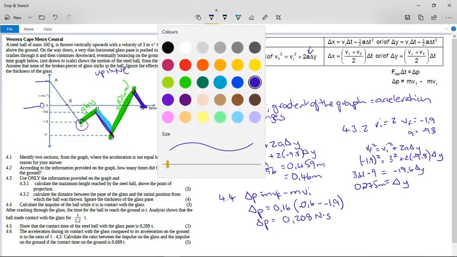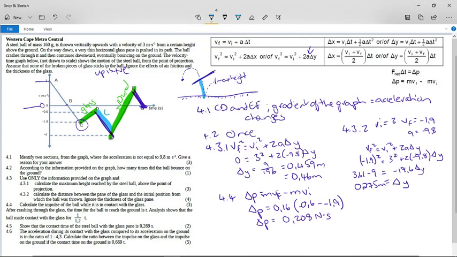Okay, so let's have a look here. This is now t. Analysis shows that the ball made contact with the glass for 1/12 t. So this section here, CD equals 1/12 t, and then DE equals t.